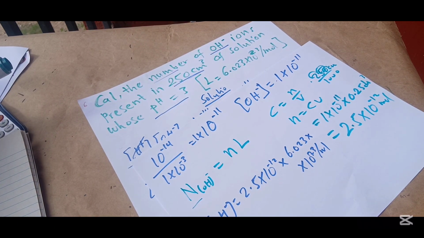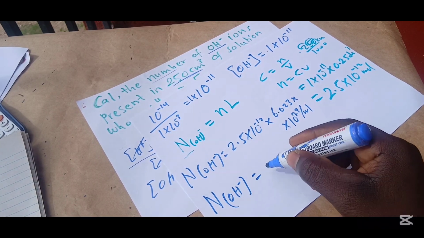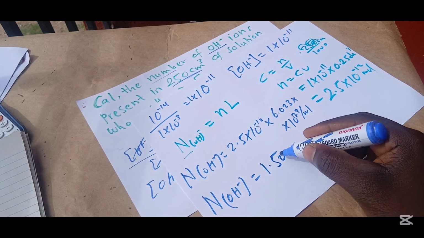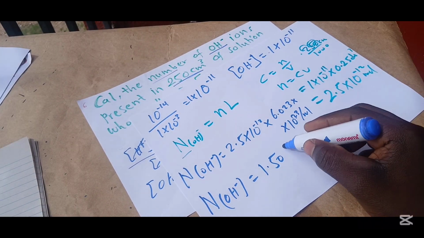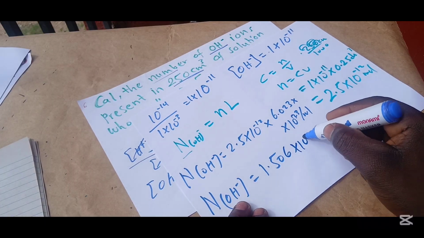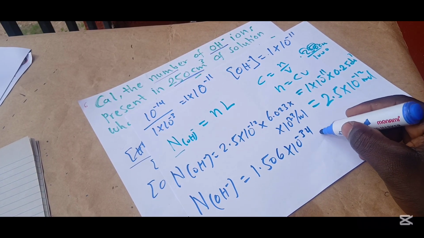Simplifying this is going to give us the number of OH ions to be 1.506 times 10 to the power negative 34 OH ions.